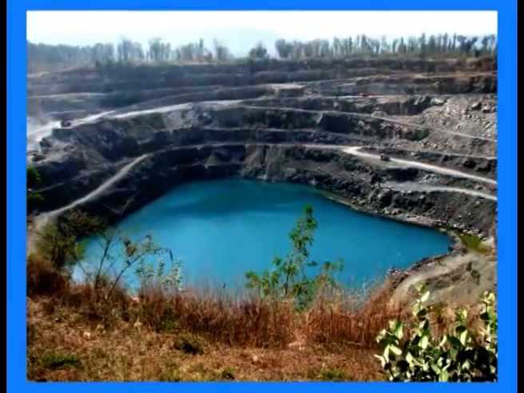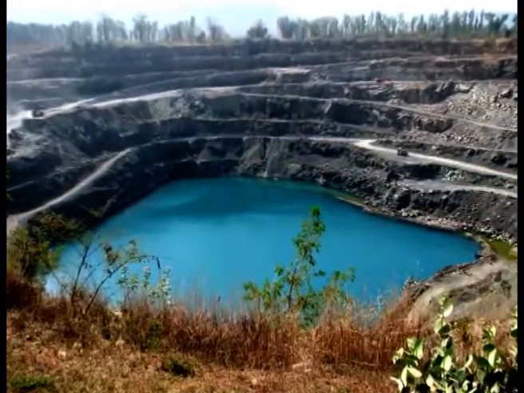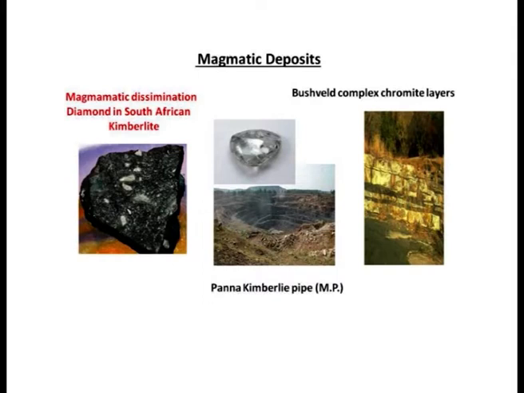Liquid immiscibility, as one finds in an oil water mix, can also separate sulphide portions from the rest of the magma. PowerPoint 1 illustrates examples of magmatic concentration and dissemination deposits.